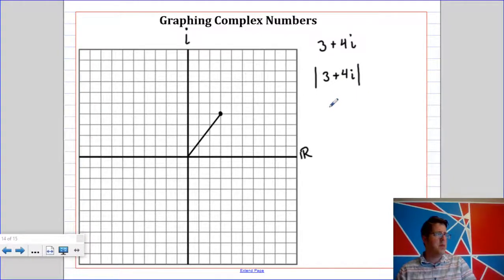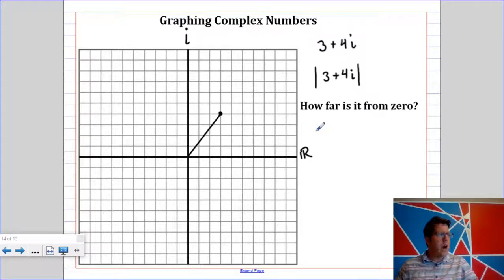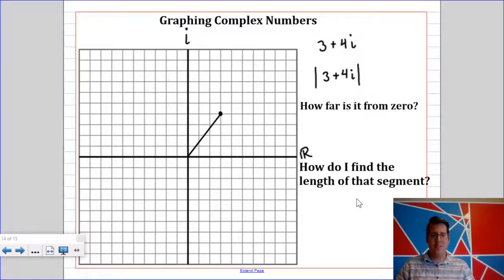Well, that means how far is it from 0? The next thing we ask ourselves is, well then, how long is that segment? If I'm thinking about this as a vector, what is the magnitude of this segment that I can see there? And then I think suddenly you realize that this is just a geometry problem. And I'm sure you could figure out how to find that this is 5 units long.